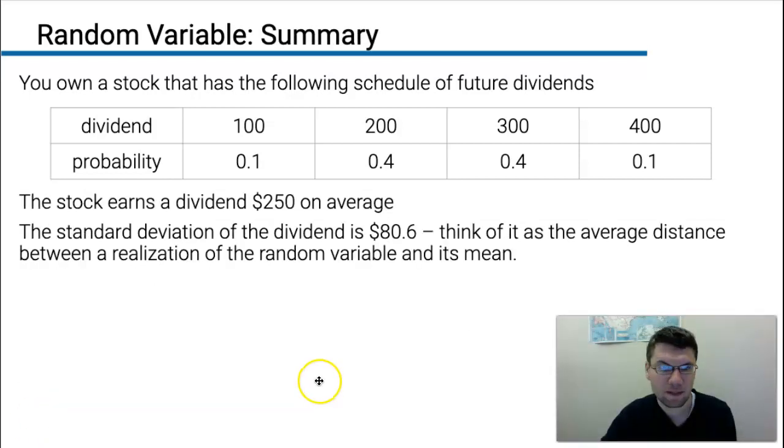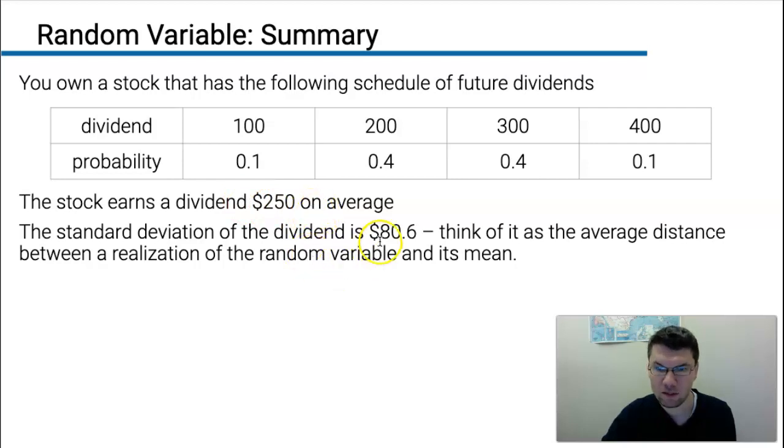Okay, now to sum things up, we have a random variable here, a future dividend that the stock is going to pay. That future dividend has 4 possible outcomes, and each outcome comes with a specified probability such that all these probabilities sum up to 1. The expected value, or alternatively, the weighted average value of the outcomes is 250.